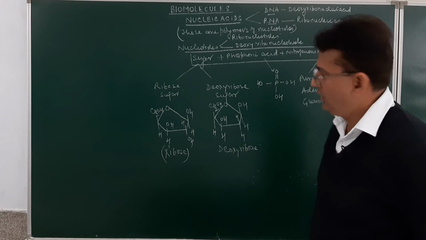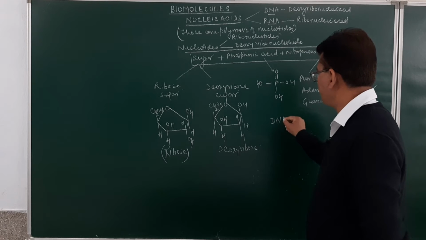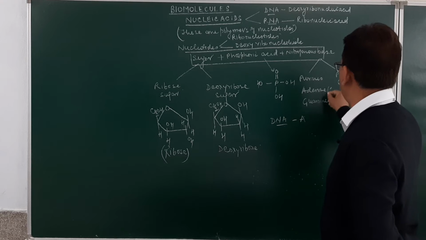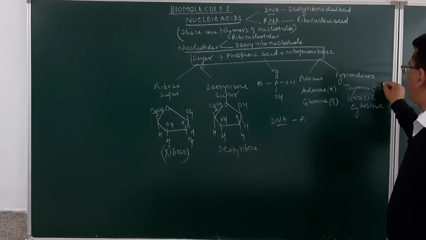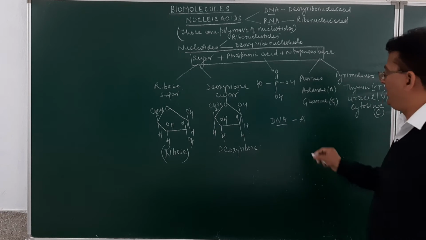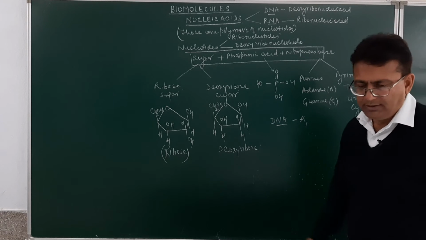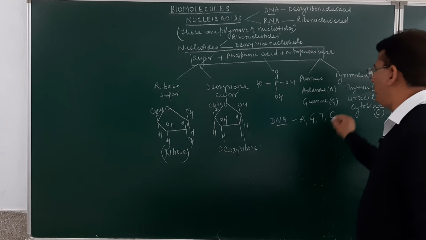Am I clear? Now remember, students, when I talk about the DNA, DNA has adenine. Adenine will be represented by A, guanine by G, thymine by T, uracil by U and cytosine by C. So DNA nitrogenous composition will be adenine, guanine, thymine and cytosine.